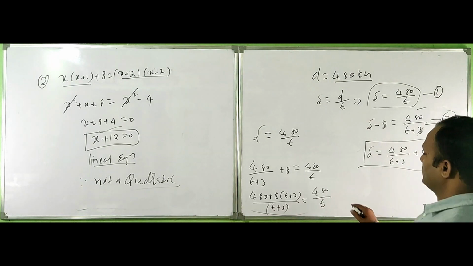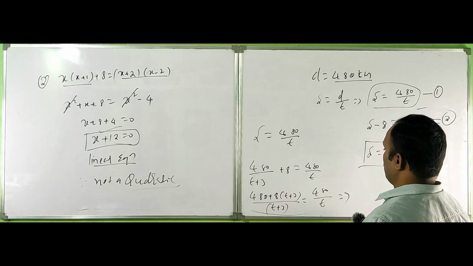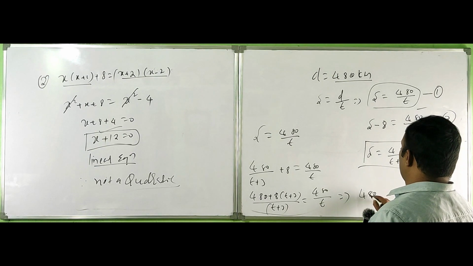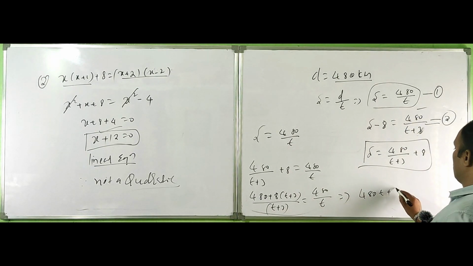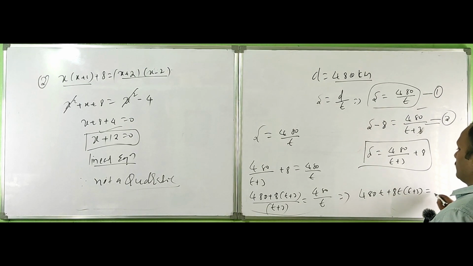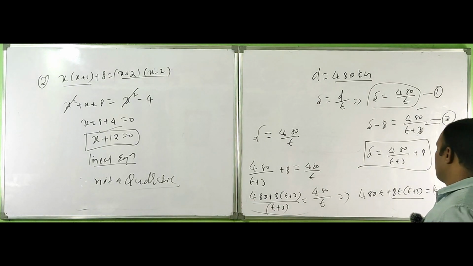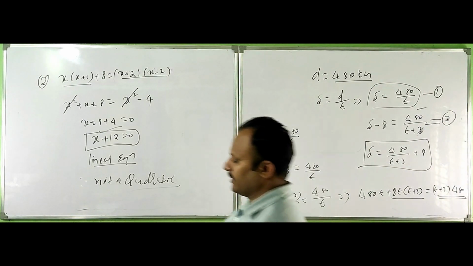Okay, and this becomes 480t plus 8t into t plus 3 is equal to t plus 3 into 480. Right? So here we have 8 into t, 8 into t, so again I will multiply here.